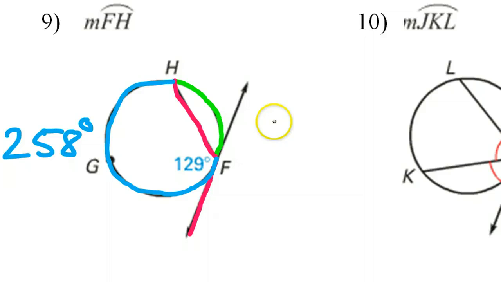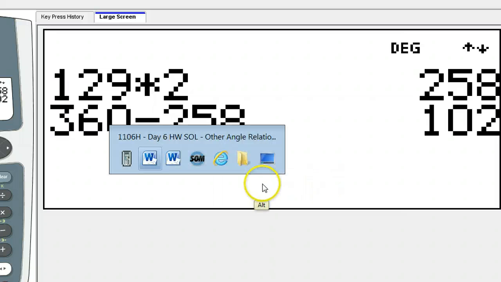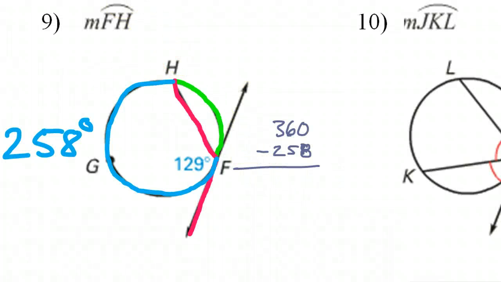So I will do 360 minus 258 degrees. 102. So that is the measure of arc FH, 102 degrees.